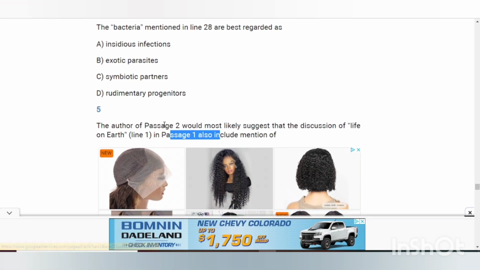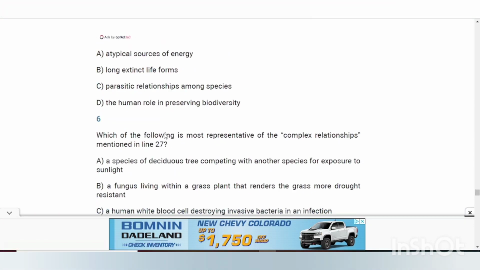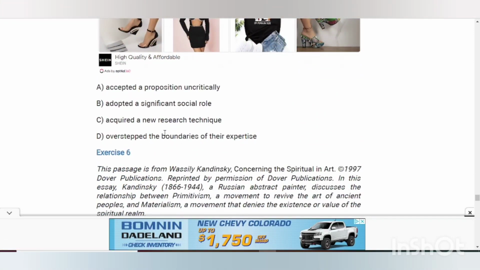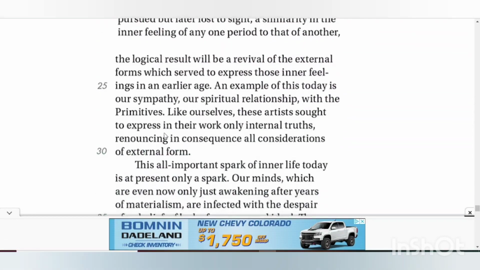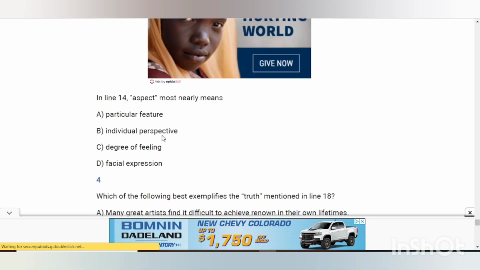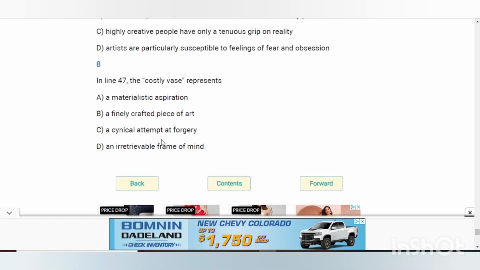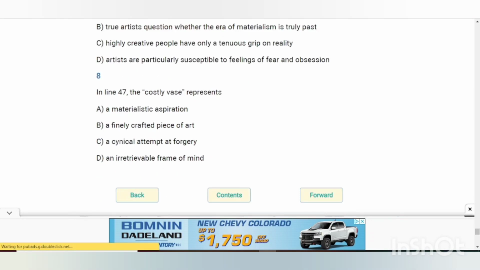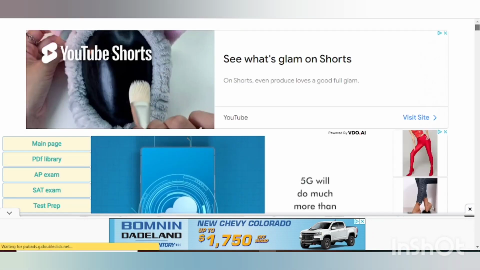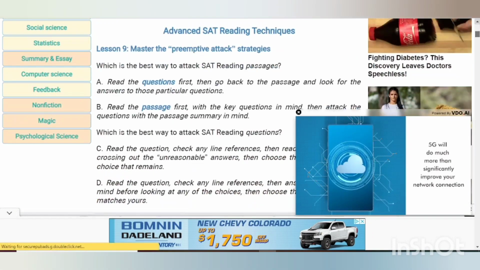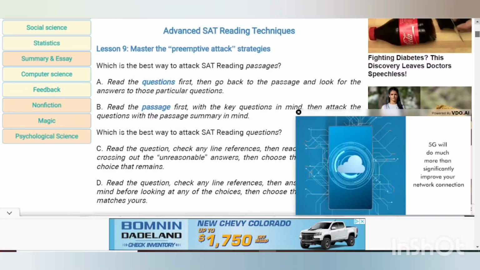So you see how they relate the sentences in passage 1 with passage 2. So that's how they will ask you questions at times when you have two passages that are similar to one another. So yes, that's what I wanted to share with you, how a paired passage would look.